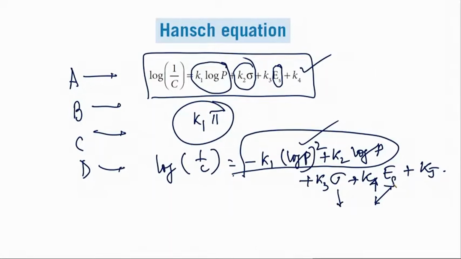There are many modified equations, I tell you. Hansch equation has now, because of the different parameters, you can calculate computationally also. So, there could be, say, surface electrostatic potential, that could be also an important criterion to be put into this equation.